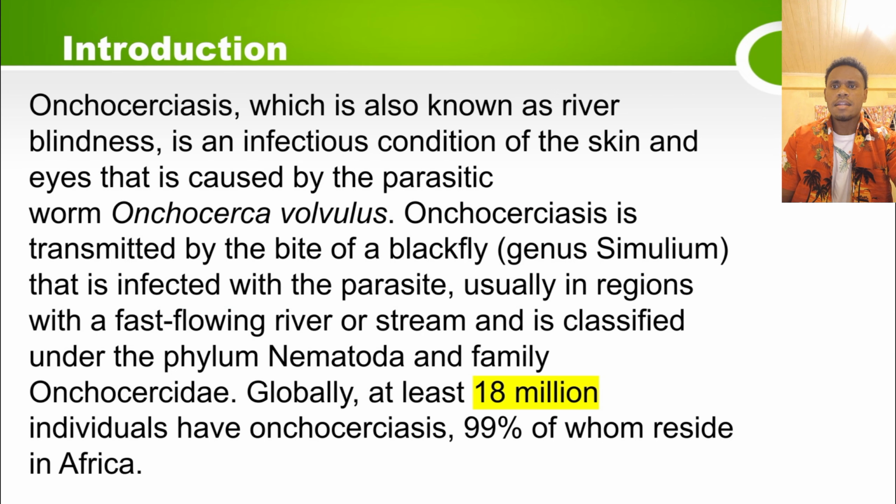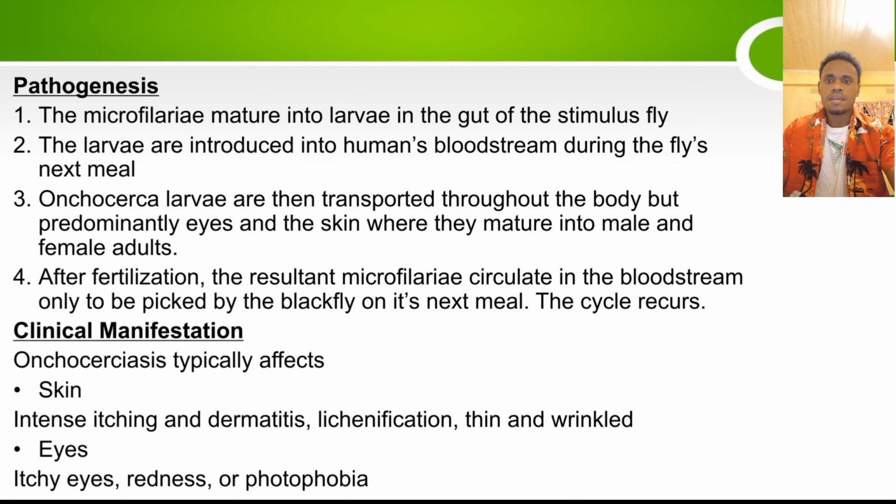Globally, at least 18 million individuals have onchocerciasis, 99% of whom reside in Africa. Many black fly bites are needed before the disease can develop.